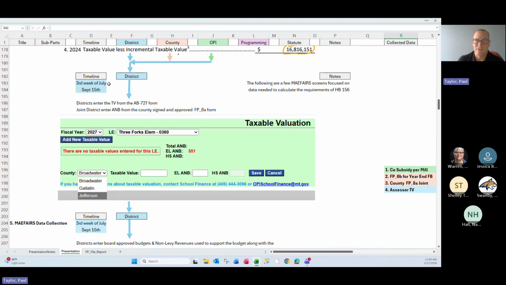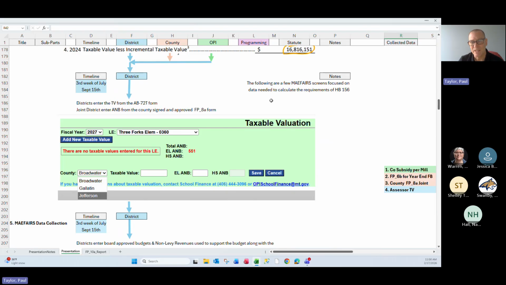This Mayfair system that the OPI provides to schools and school districts for entering data is often opened either the 3rd week of July or July 21, whichever makes more logical sense for that particular year. And then statute says that information has to be entered into this Mayfair system on or before September 15th. And so that's why I picked that range of dates.